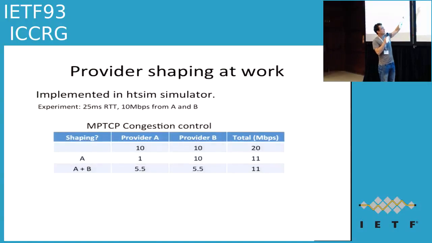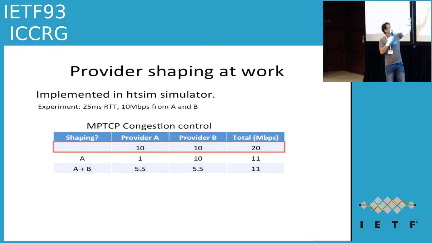On the first line, what I have is results when nobody's shaping. Provider A is carrying 10 megabits of this long-running MPTCP connection. Provider B is carrying also 10 megabits, and in total you get 20 megabits. Now, if provider A starts shaping as per that formula I showed you earlier, you get this line here.